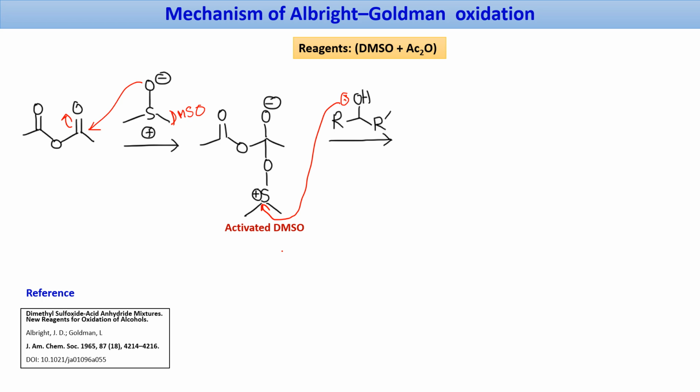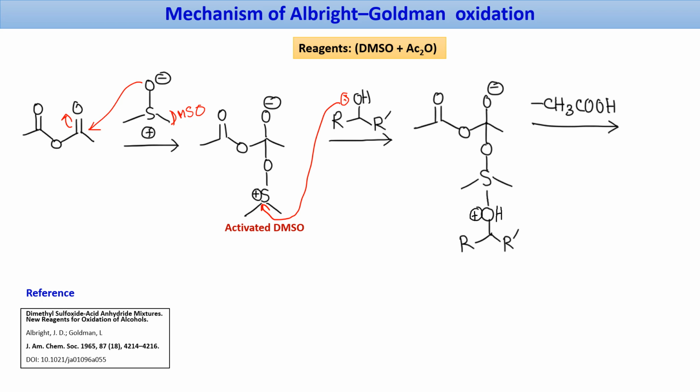Once this attack occurs, a sulfur-oxygen bond will be formed, and next this OH, because oxygen has a total of 3 bonds, is protonated. Now an acetic acid molecule will be removed. How? See this negative charge, if it makes a C=O double bond, there will be negative charge over this oxygen which can take this hydrogen, and as a result there will be net removal of acetic acid.